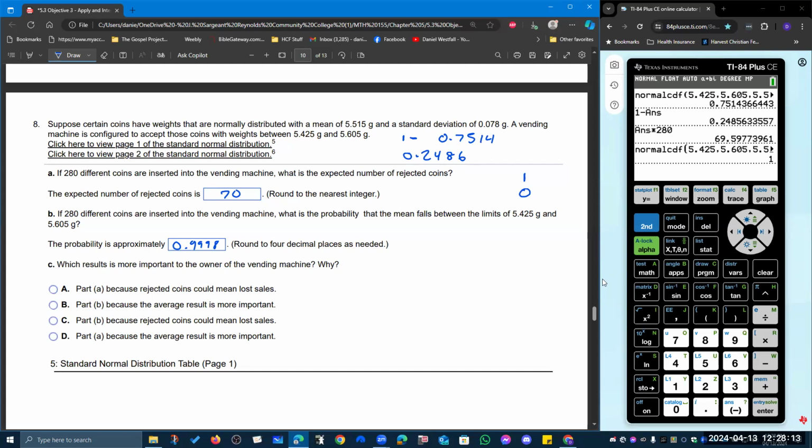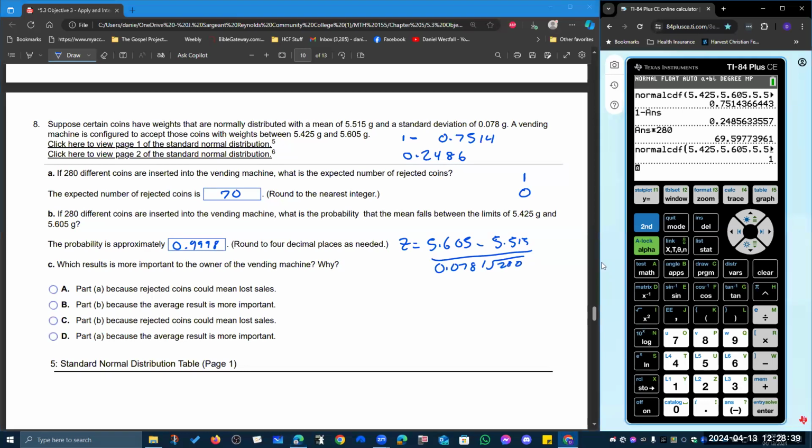They said that Z is going to be upper bound here, 5.605 minus the 5.515 over 0.078 divided by the square root of 280.